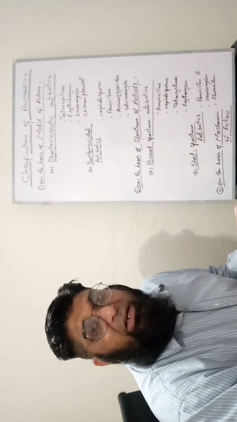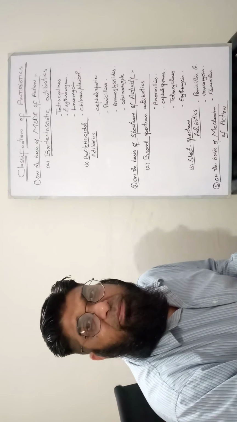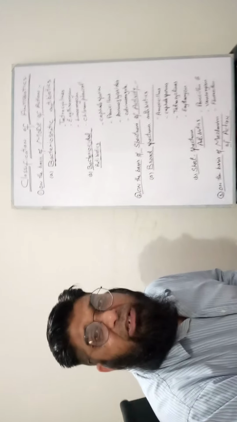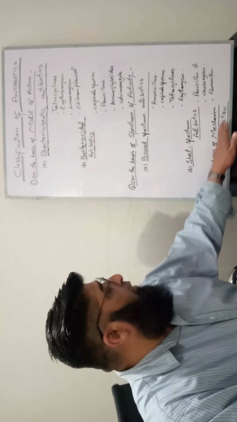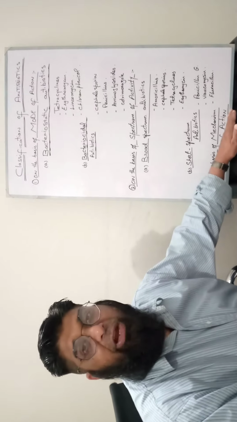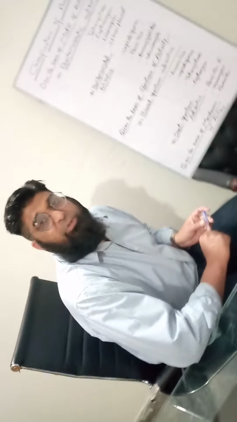Next is RNA synthesis inhibiting antibiotics, DNA synthesis inhibiting antibiotics. So this basis of mechanism of action of antibiotics is present in my separate video lecture. You may consult from there.